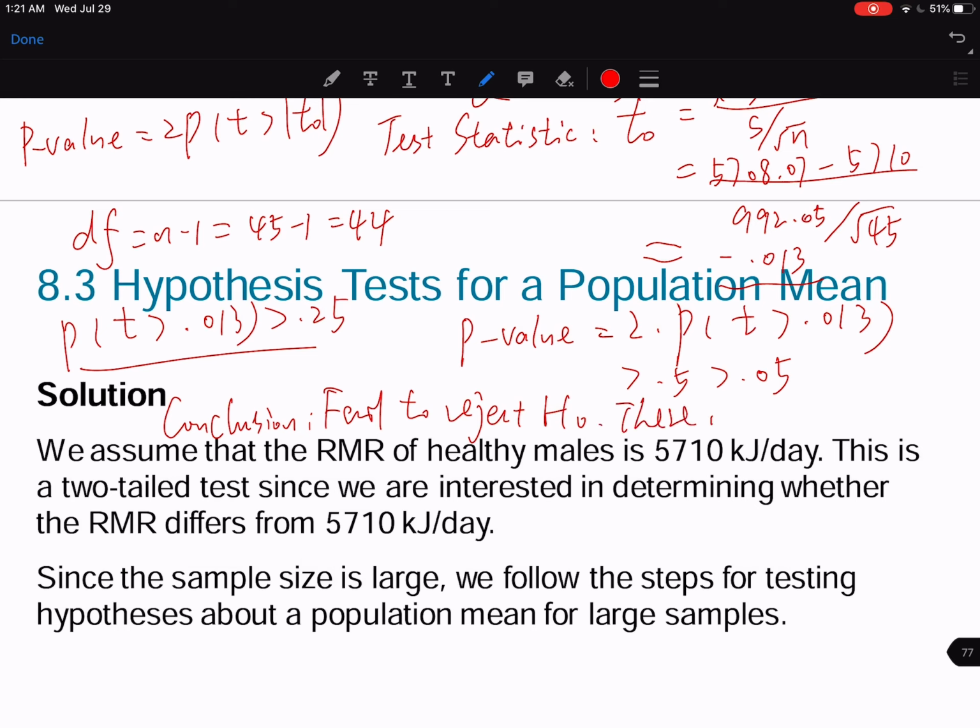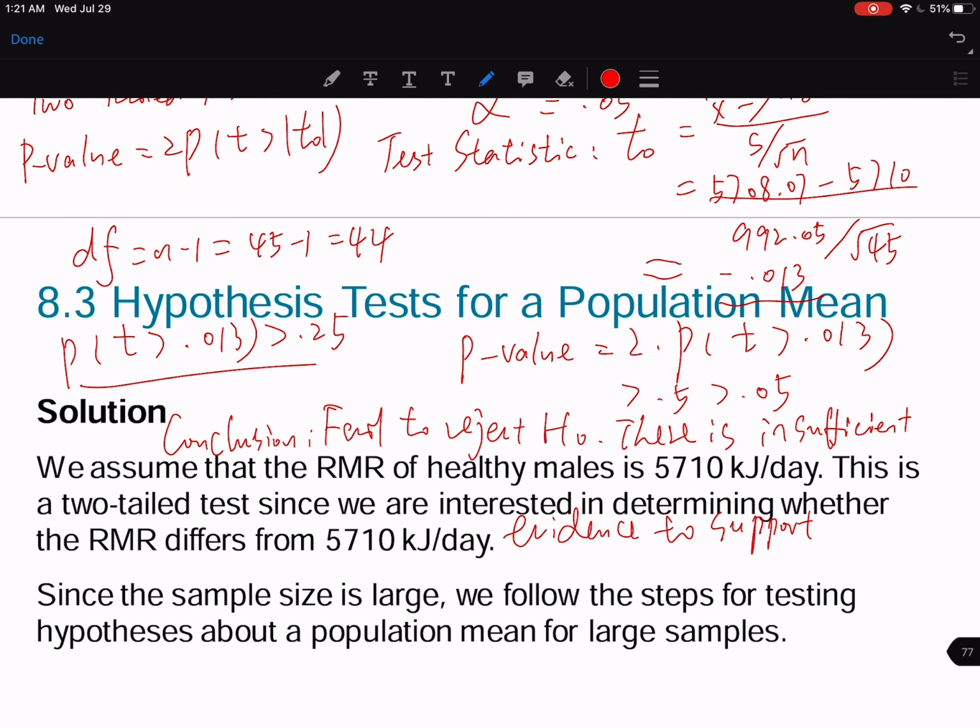There is insufficient evidence to support the alternative, which is mu is not equal to 5.7110.